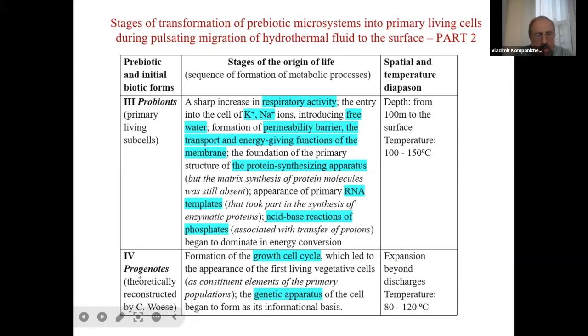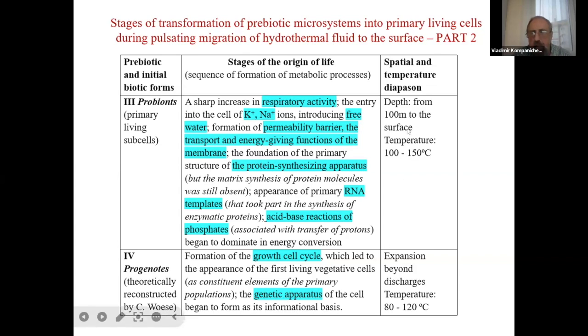And the last stage was formation of progenotes, which were theoretically reconstructed by Carl Woese, formation of the growth cell cycle, and the formation of the genetic apparatus.